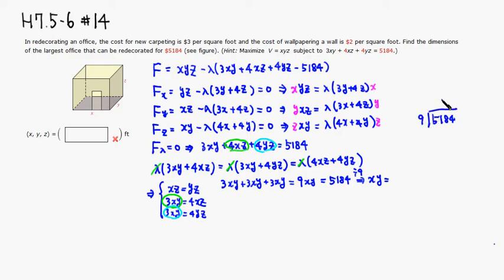Working through the long division, we get 576. I don't like big numbers. Alright, so we got that, and then we have xy.